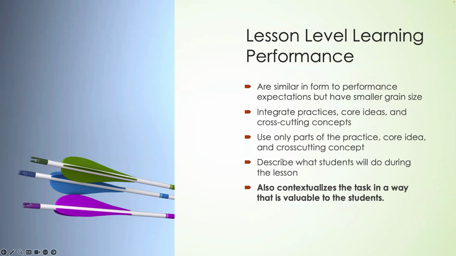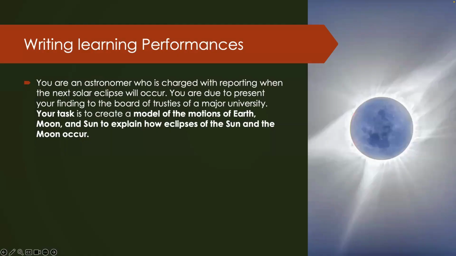So almost the very last step is that you are making your learning performance. You're going to write your learning performance, and this is what the kids see. So I cannot stress this enough. When you're writing a learning performance, you are not writing for an audience of teachers, you are writing for the kid.